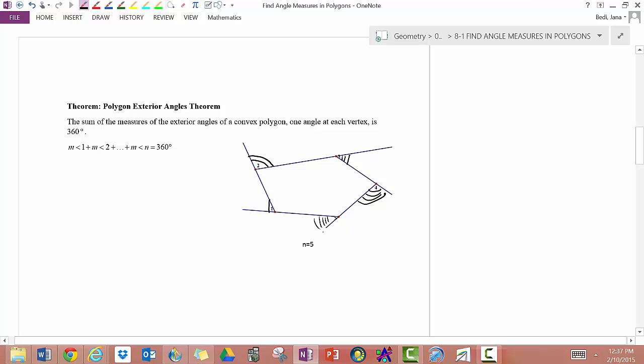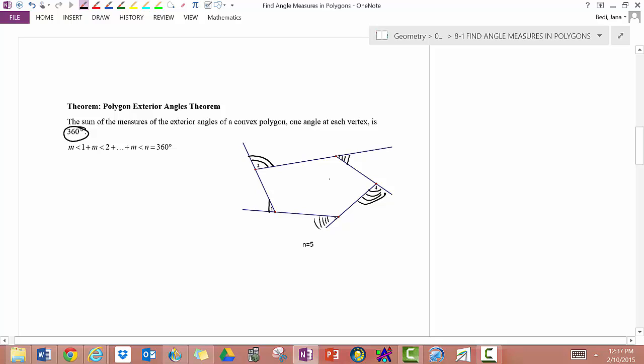There are 5 exterior angles here. In a convex polygon, it is irrelevant how many sides the polygon has, but the sum of the exterior angles of any convex polygon, where we only count one angle at each vertex, is 360 degrees, and this does not change.